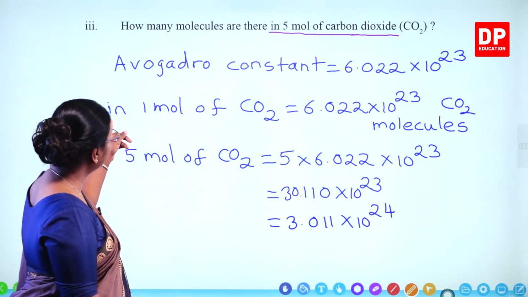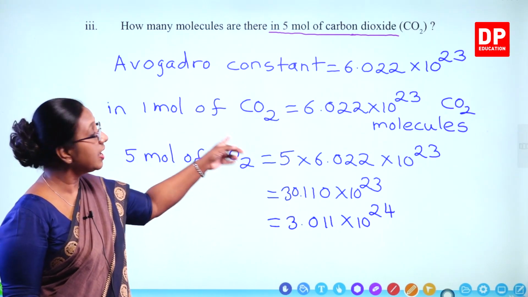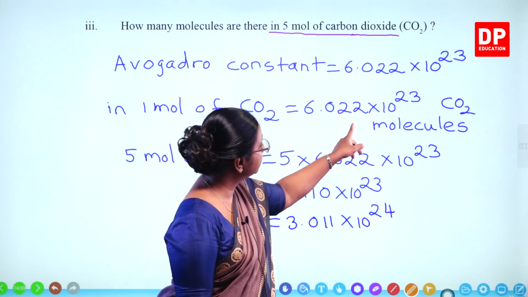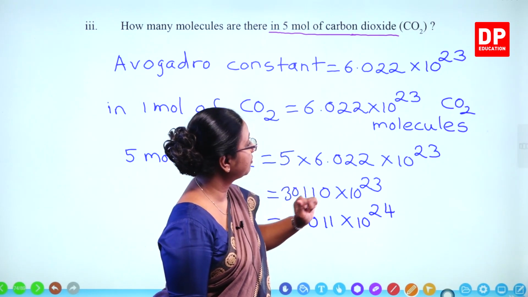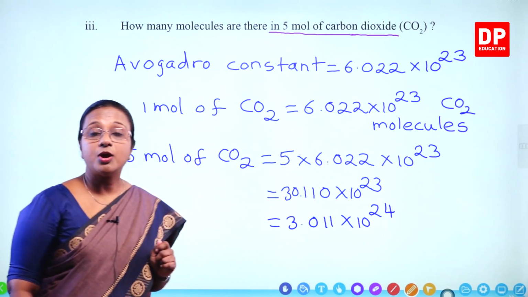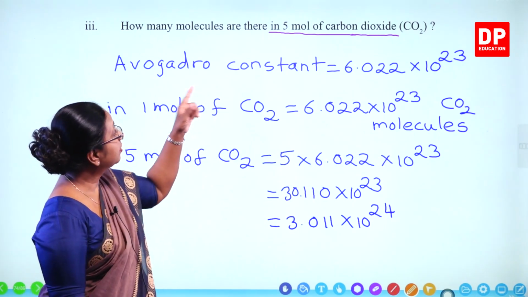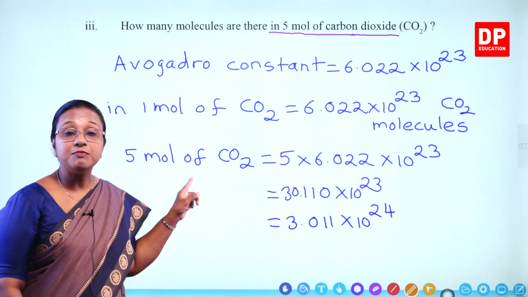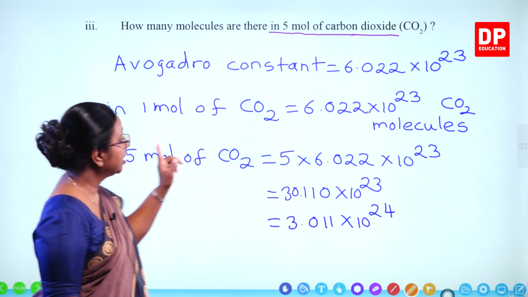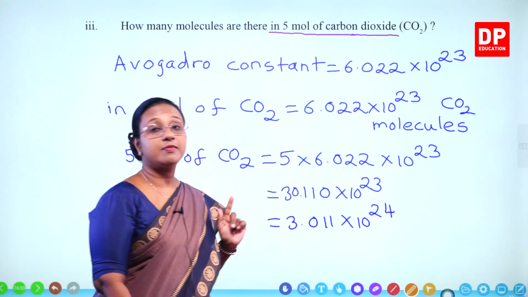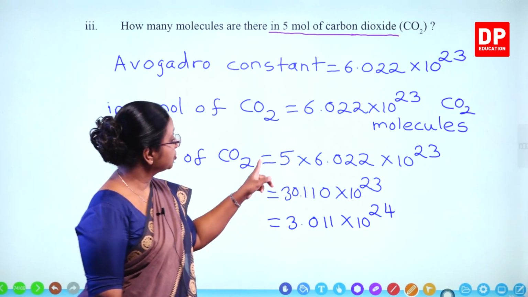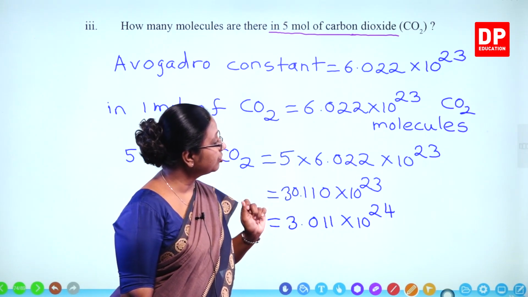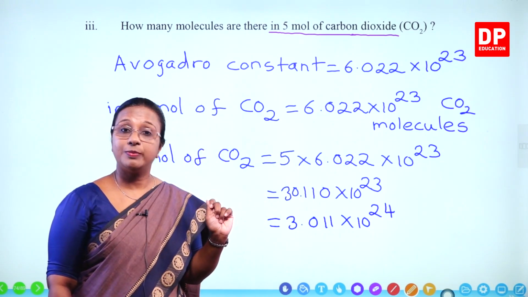So if you take 1 mole of carbon dioxide, there will be 6.022 into 10 to the power of 23 carbon dioxide molecules. But the question is to find the number of molecules in 5 moles of carbon dioxide. So 5 into Avogadro constant, 5 into 6.022 into 10 to the power of 23.